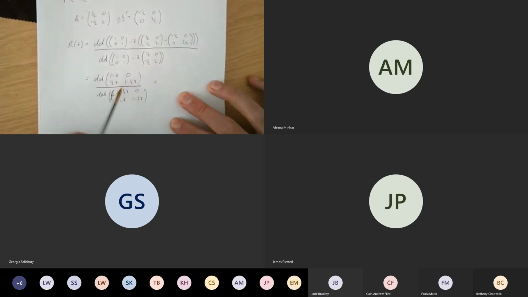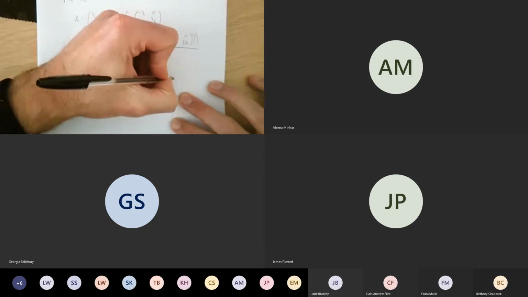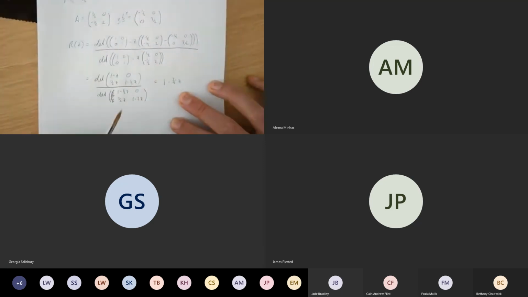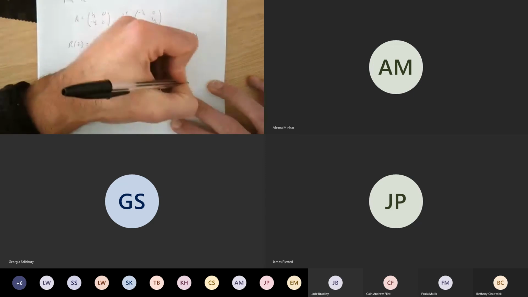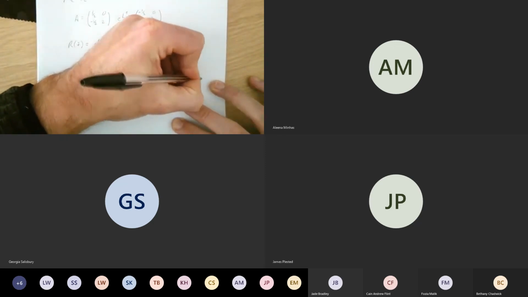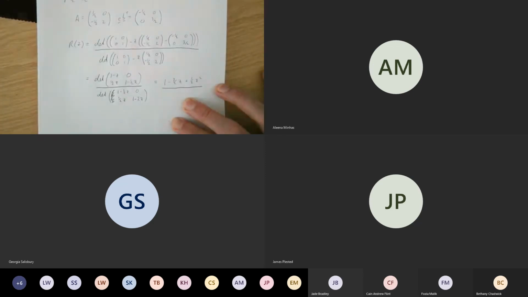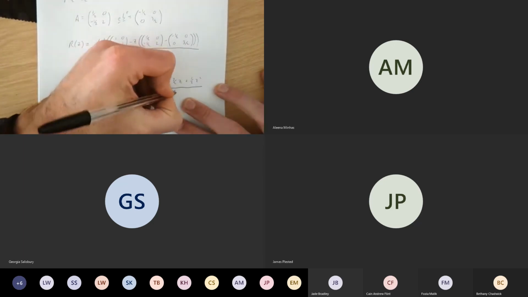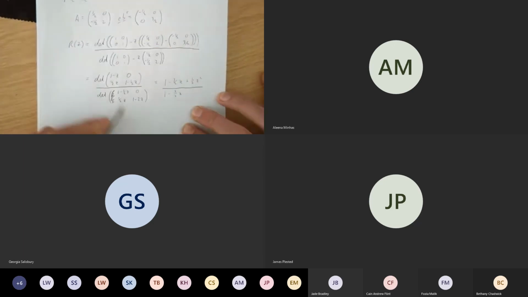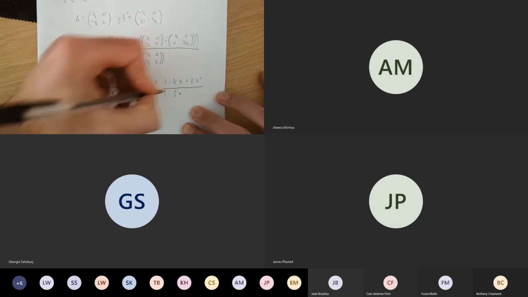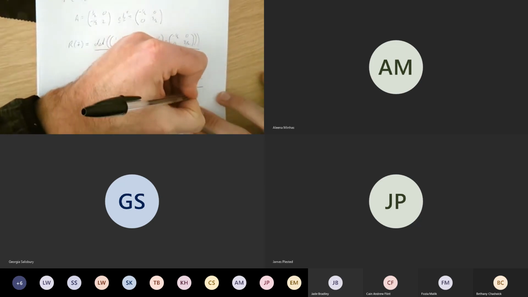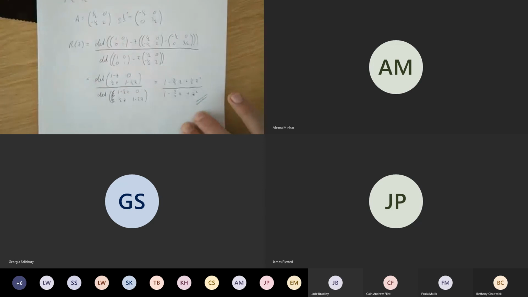So I've got 1 minus 1/2 minus 1, which is -3/2 Z, and so we've got plus 1/2 Z squared on the top. And on the bottom, we've got 1 minus 5/2 Z plus 1, plus Z squared. Okay, so that's our stability function for the implicit Runge-Kutta method.